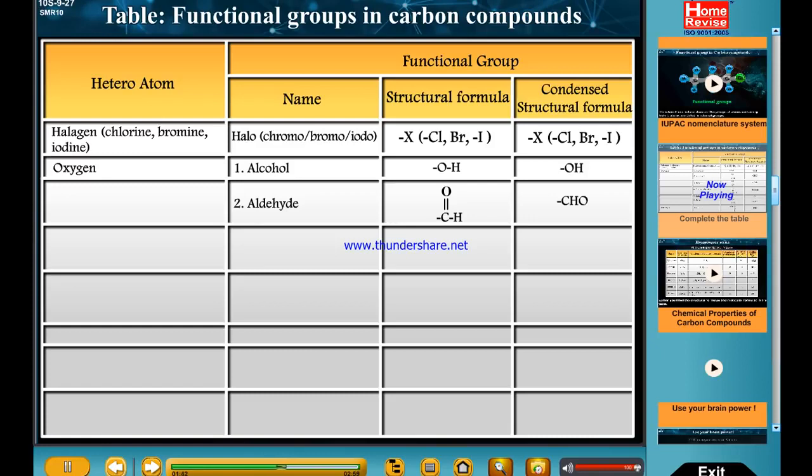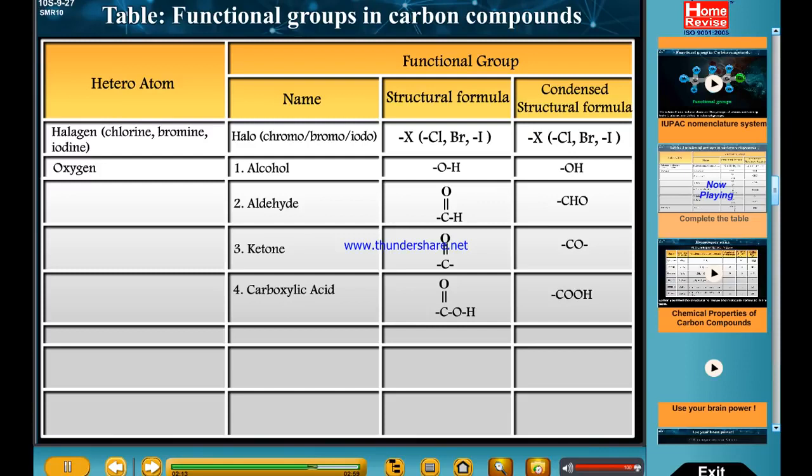The functional group is ketone. Its structural formula is C double bond O. Condensed structural formula is CO. 4. The functional group is carboxylic acid. The structural formula is C double bond O single bond OH. Condensed structural formula is COOH.